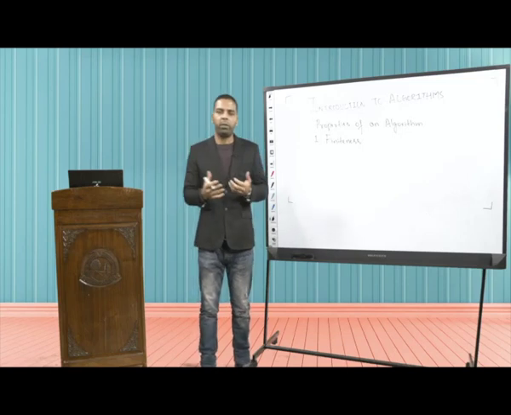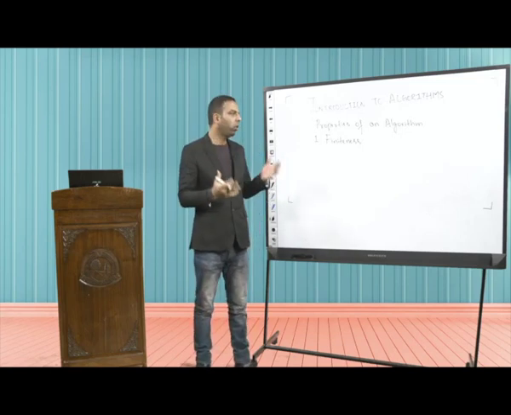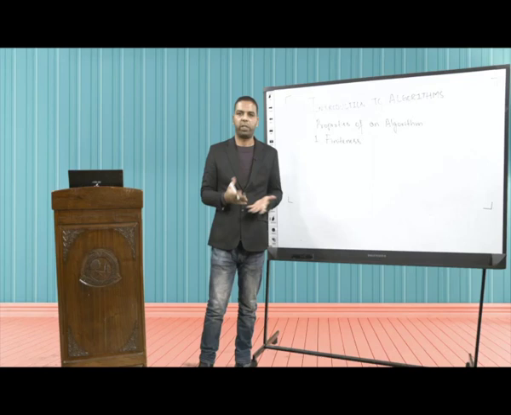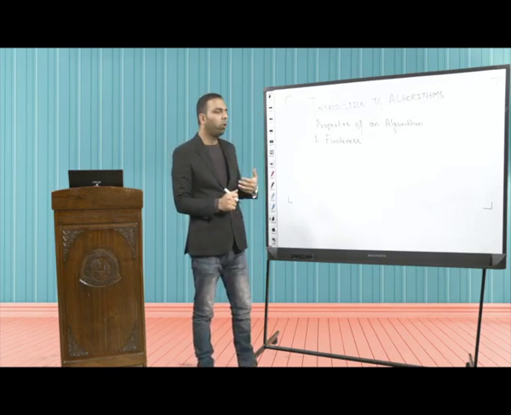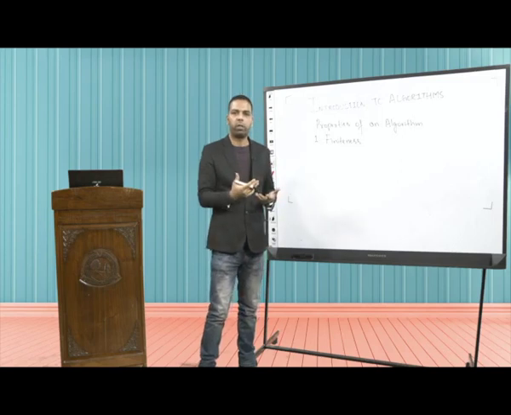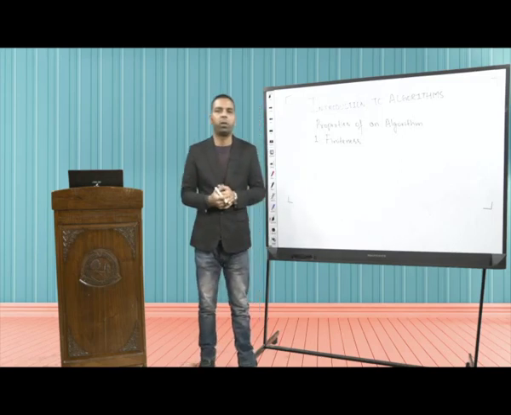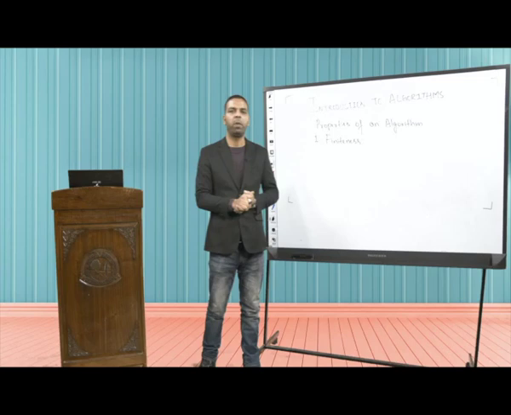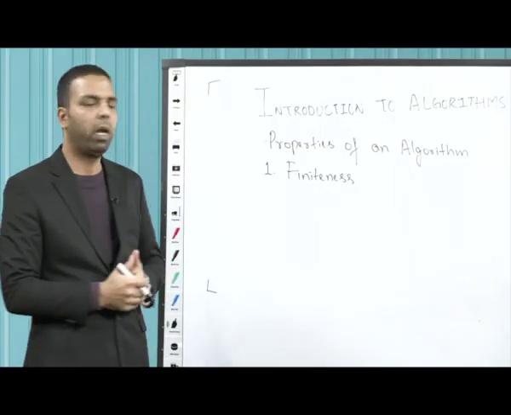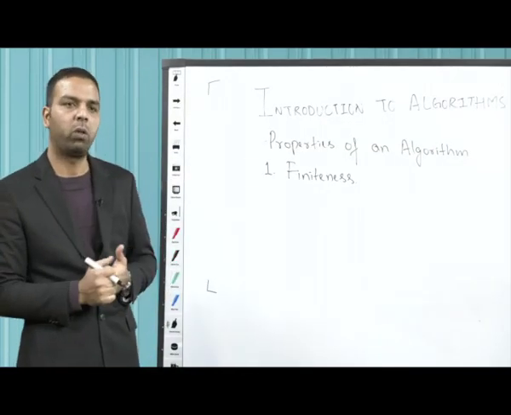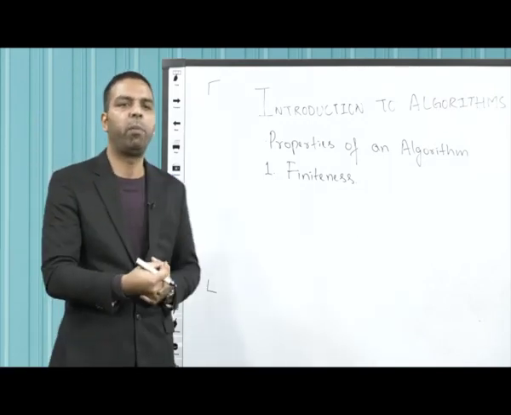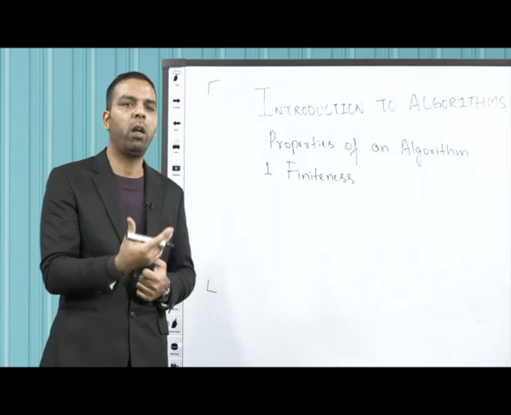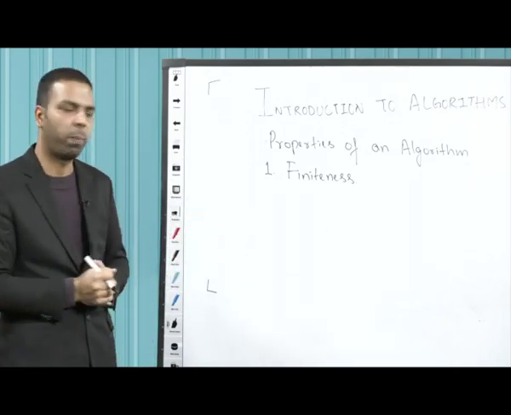Finiteness means that your algorithm can have any number of steps, but eventually it should stop. It should not go on forever, because when we run a program on a computer, we expect it to end after some time. That time can be 1 second, 1 minute, or 1 hour, but eventually the algorithm will stop.